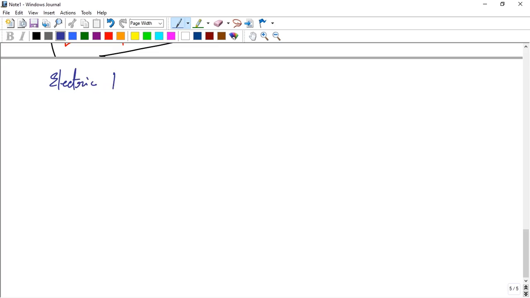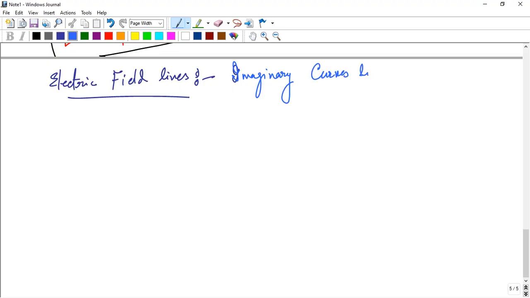Electric field lines are imaginary lines, imaginary curves, with a tangent which at any point gives the direction of the electric field at that point.